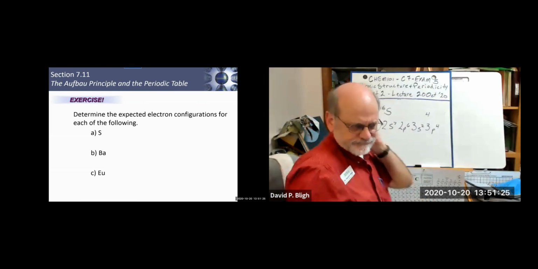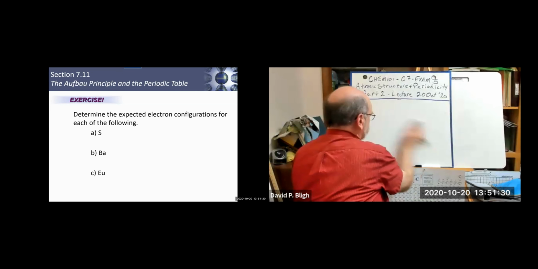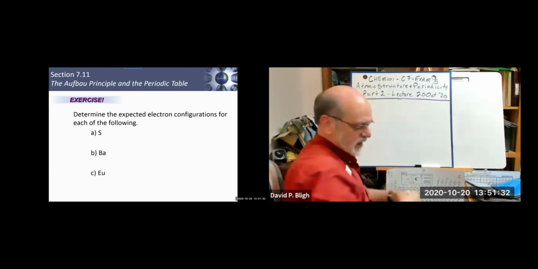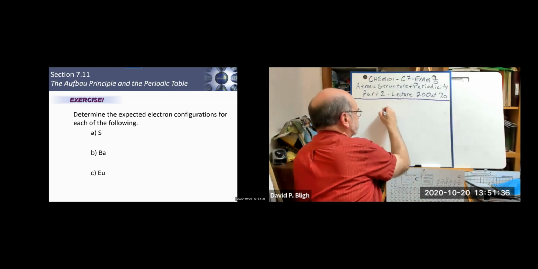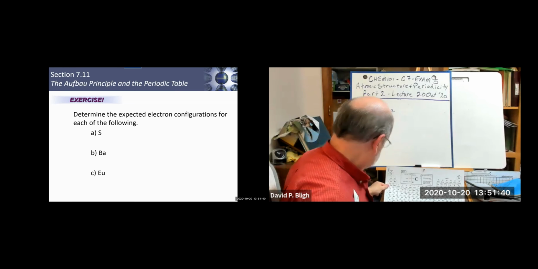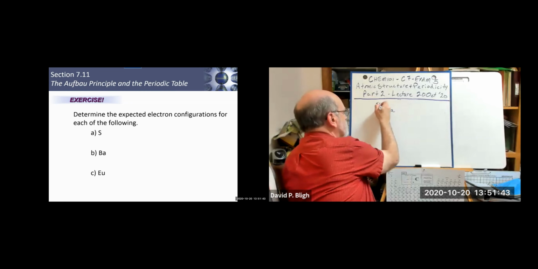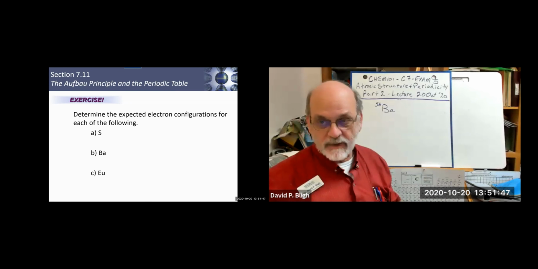Let's do barium, because it's a much bigger atom. And rather than write the whole thing out, barium has 56, right? Maybe I better write it all out to make the point.